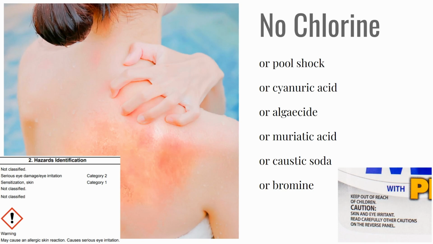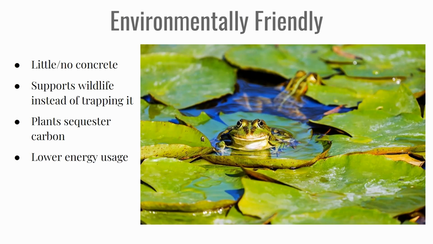Concerning. Obviously if you use it correctly, it's not going to be a problem, but you might screw up, use too much, have a zero in the wrong place. And even with normal usage, we have to tell people not to swim immediately after we put it in because of skin irritation. So you avoid all that by going natural, so that's cool.